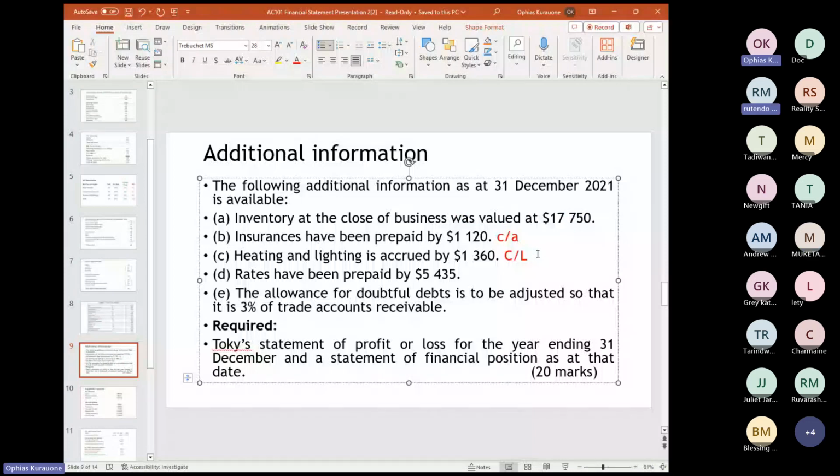So this one is a current asset, and therefore you need to reduce the insurance.